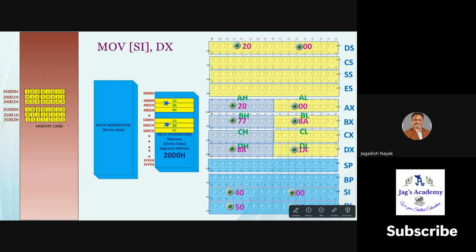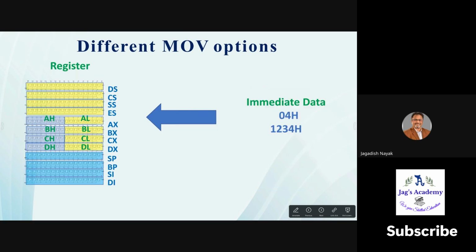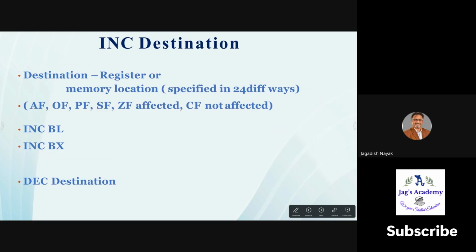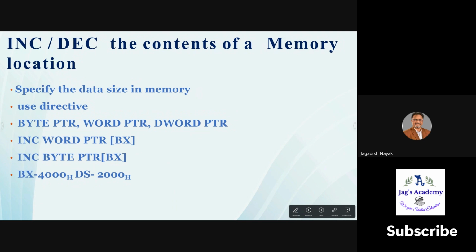So we have seen all these things. We have seen different types of move instructions. We have seen one instruction called the increment instruction. We have seen how to increment the data in registers. We have also seen how to increment the data in memory.